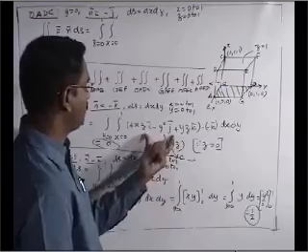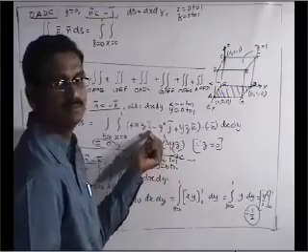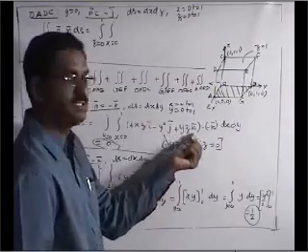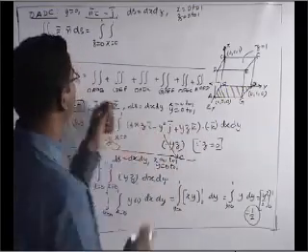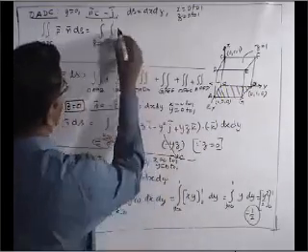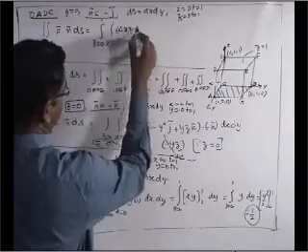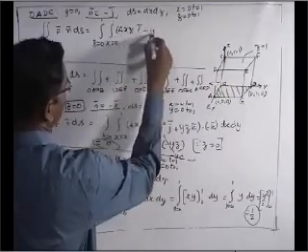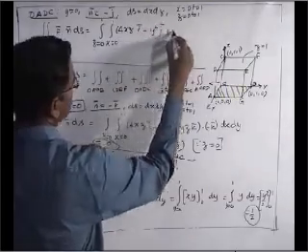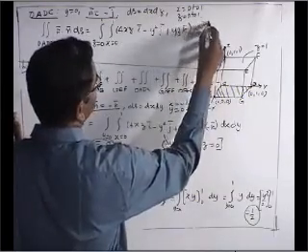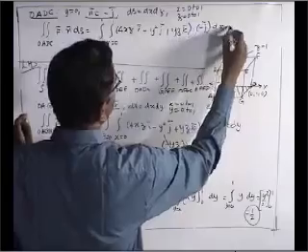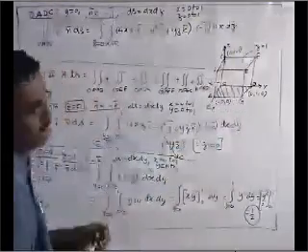So the dot product with minus j. So i dot j is 0. k dot j is 0. So only j dot j is 1. That means minus, so let us write it: 4xz i minus y square j plus yz k dot minus j into dx dz. That's all.